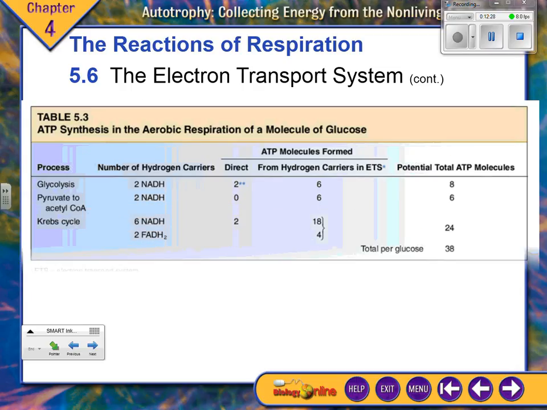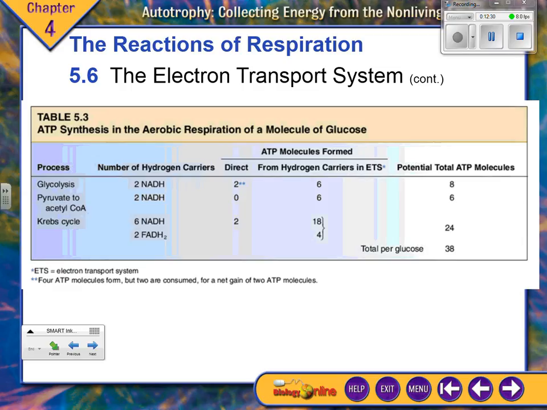Okay. Now, you do not need to memorize this. Somebody asked this, but I want you to be able to kind of evaluate this. So, glycolysis makes 2 ATP. The Krebs cycle makes 2 ATP. But right here, ETS, electron transport system, we have 18 plus 4, and we also get more here from the other things when there's oxygen present.